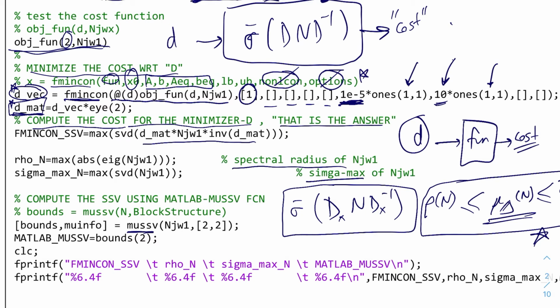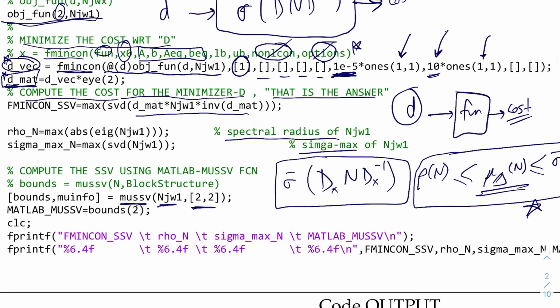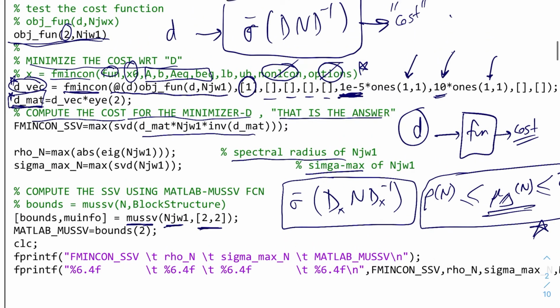And okay, here I also, to compare or to check in a way, use MATLAB's mussv function, right? You just need to input the complex matrix, and also here you need to input the structure of the uncertainty, and the uncertainty is like 2 by 2 complex, right? And that's why you need to input 2 by 2, right? And we will see how to use mussv.